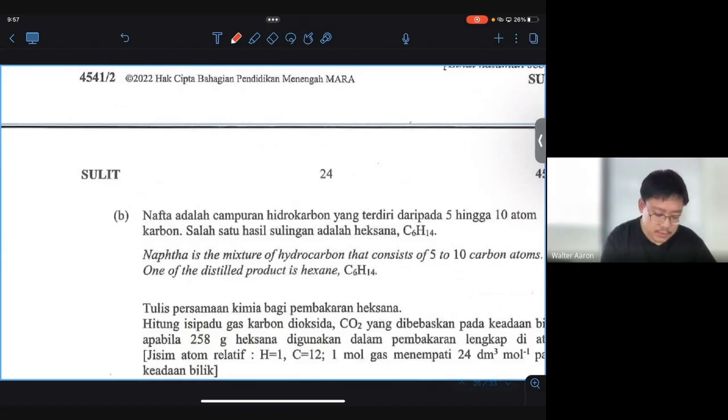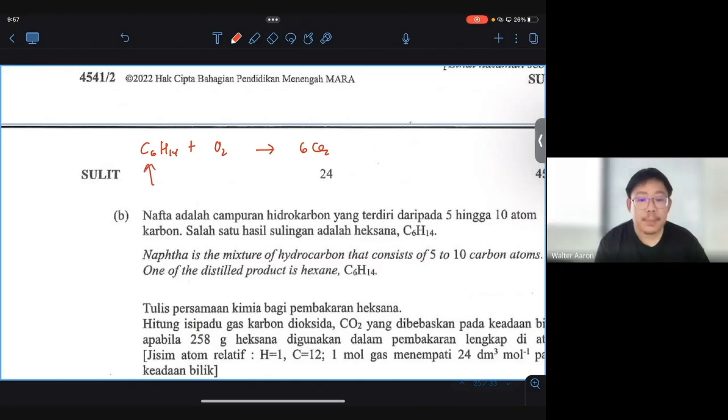The formula for hexane is C6H14 plus O2. It's a complete combustion, so technically you should have 6 moles of carbon dioxide, and then 7H2O.